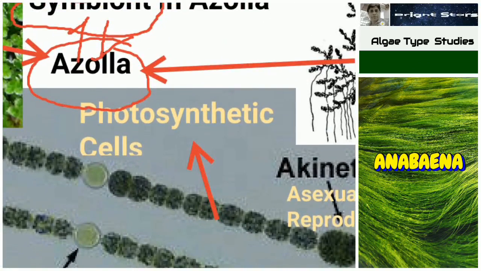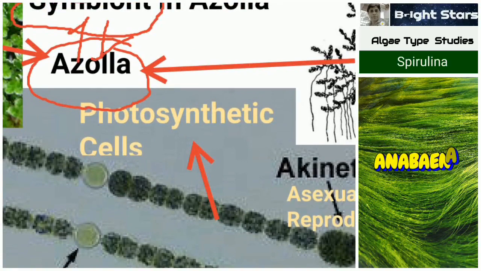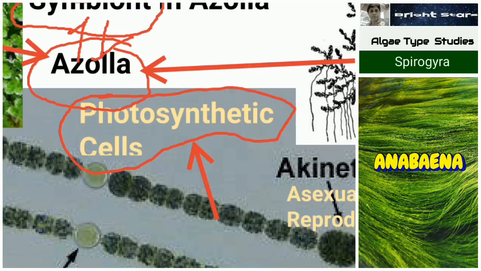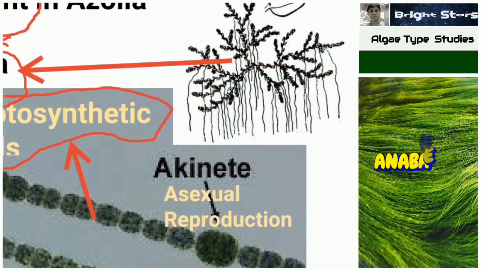You can see here, Anabaena consists of a long filament with photosynthetic cells. This arrow mark indicates the photosynthetic cells. At the same time, it consists of akinetes, which are responsible for asexual reproduction.